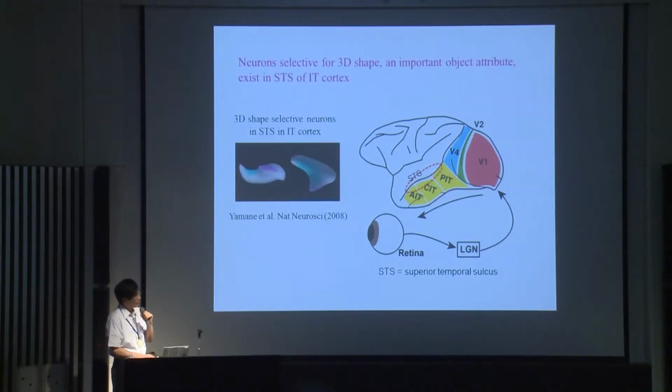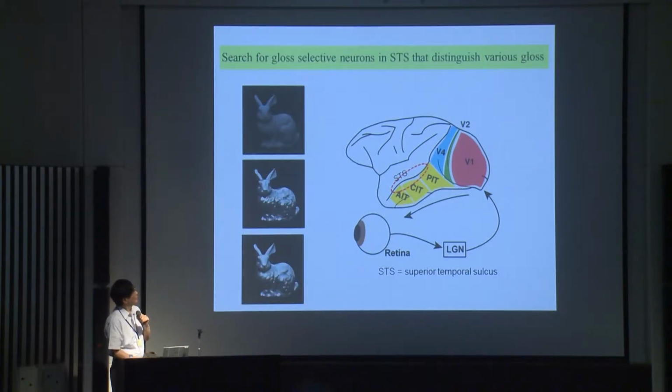Also, Ed Connor and colleagues have found neurons selective for 3D shape, another important object attribute, in the inferior temporal cortex, especially in the lower bank of the superior temporal sulcus, STS. So we thought this area should be a very good candidate to search for neurons which distinguish a variety of gloss. So we conducted a neural recording experiment from this area to look for the neurons which distinguish a variety of gloss.